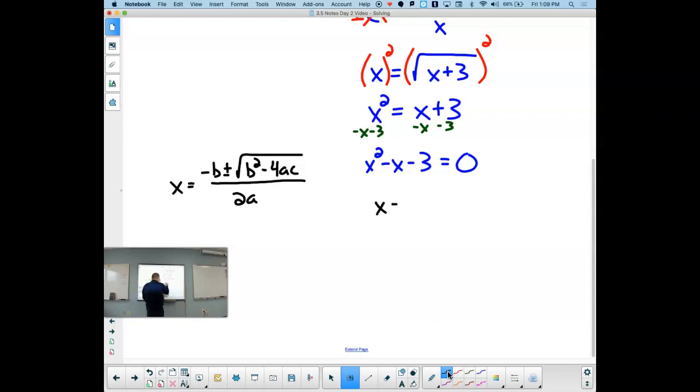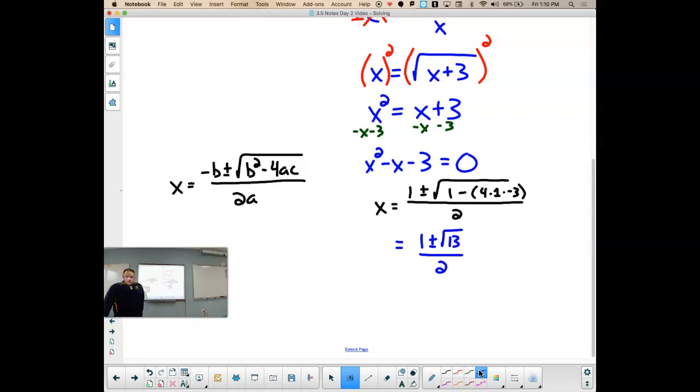So then here x is going to be the opposite of -1, that's positive 1, plus or minus the square root of -1 squared, which is 1, minus 4 times a, which is 1, times -3, all over 2 times a, which is 2. 4 times 1 times -3 is -12. 1 minus -12 is 13. So I get those as my potential answers.